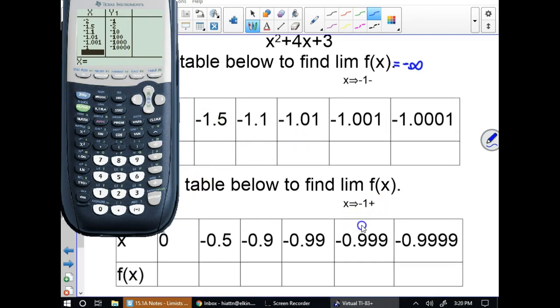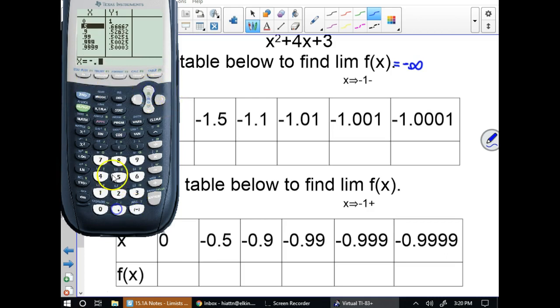If we do the same thing and approach -1 from the right-hand side, we could start at 0, and then we'll have 0.5, 0.9, 0.99, 0.999. I'm sorry, all those should be negative.